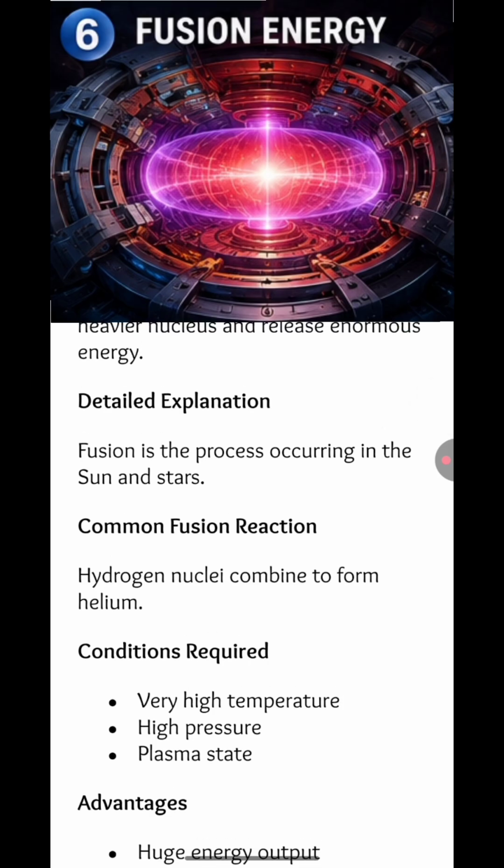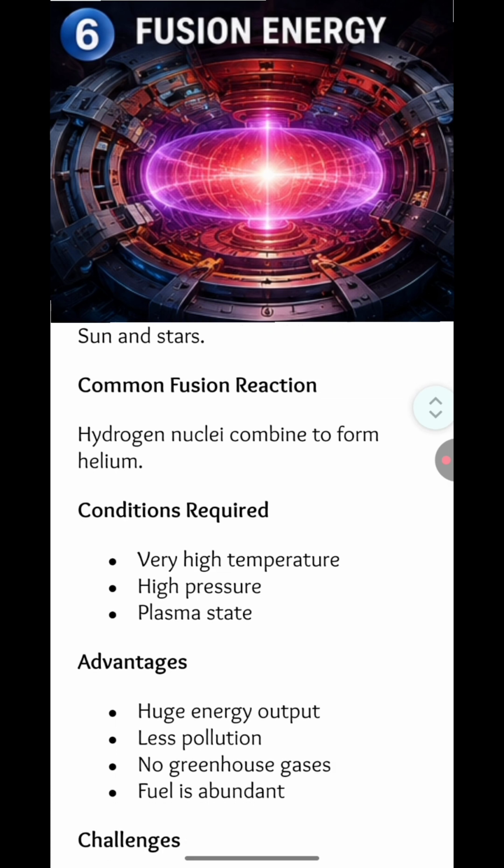So do you know what conditions are required for fusion energy? Very high temperature, high pressure, and it should be in the plasma state also. If you provide all these conditions, there are some advantages: huge energy output, less pollution, no greenhouse gases, and the fuel is abundant.